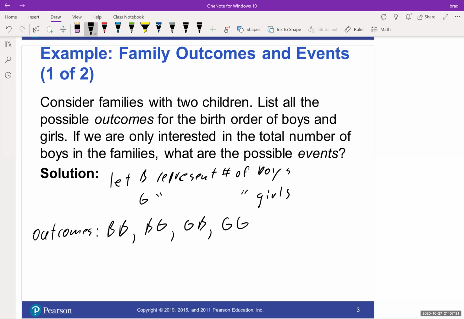By the way, one way you can determine how many possible outcomes there are, sometimes referred to as the sample space of this event, is this. The sample space for this event is boy, boy, boy, girl, girl, boy, or girl, girl.